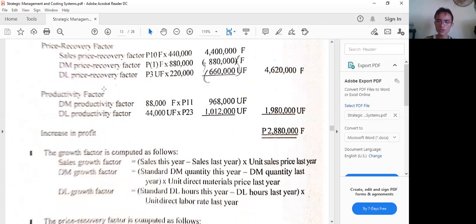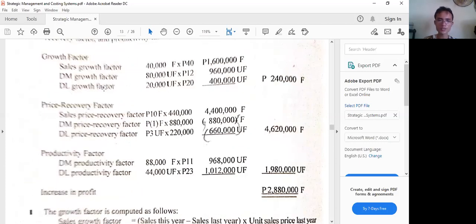In terms of computations, in terms of which is favorable and unfavorable, we just have to go back to the basic rule. If the actual revenue is higher than the standard, that's favorable for the company, and the opposite is unfavorable, because you want higher revenues in the actual.